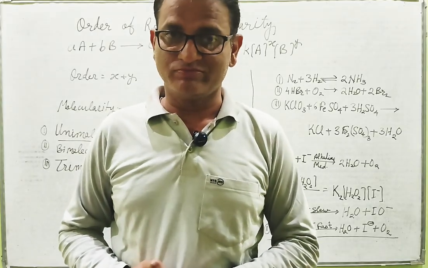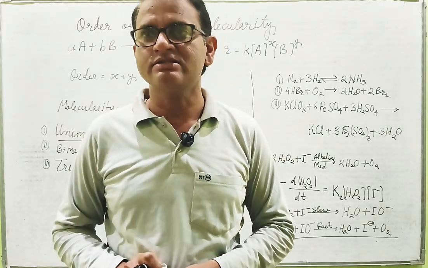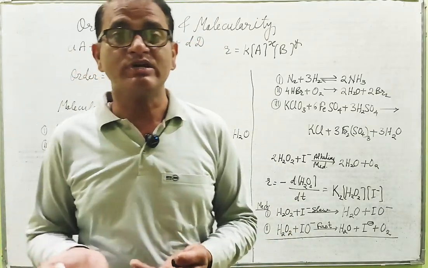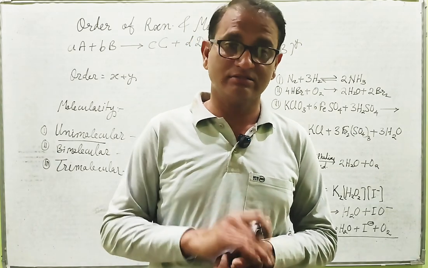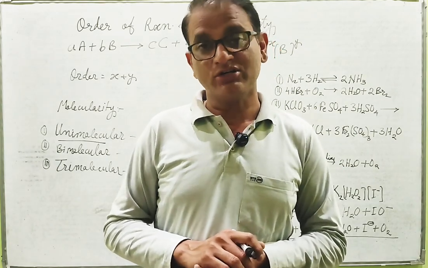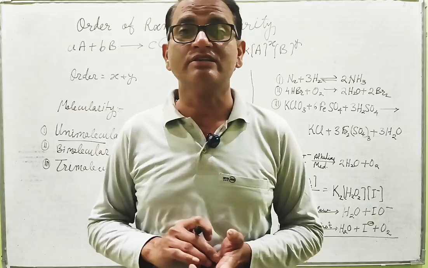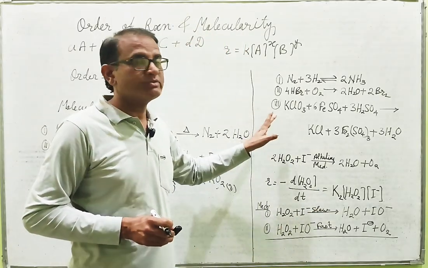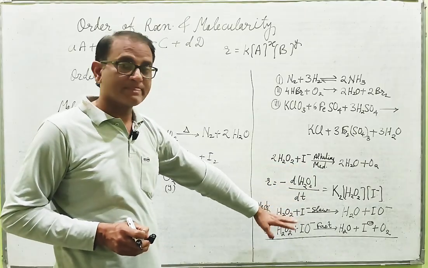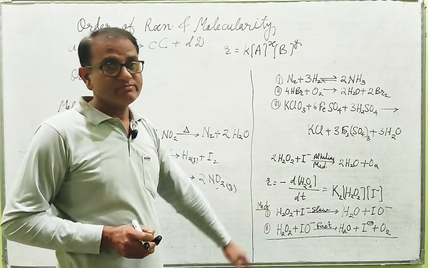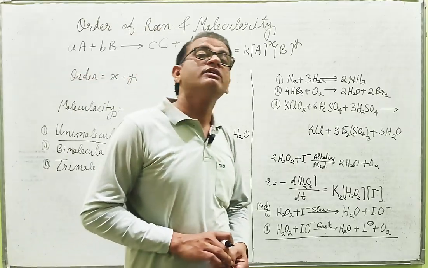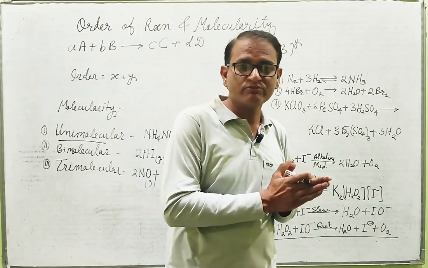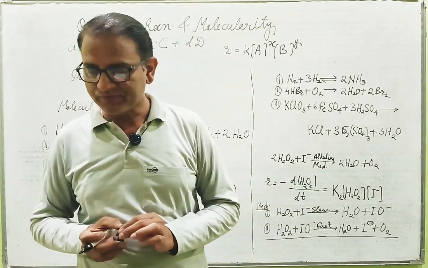Molecularity cannot be 0; at least it will be 1, but order of reaction may be 0 as well. Molecularity cannot be fractional, but order of reaction may be fractional as well. Molecularity is determined for an elementary step, but order of reaction is determined for the overall reaction. So these are the differences between molecularity and order of reaction.